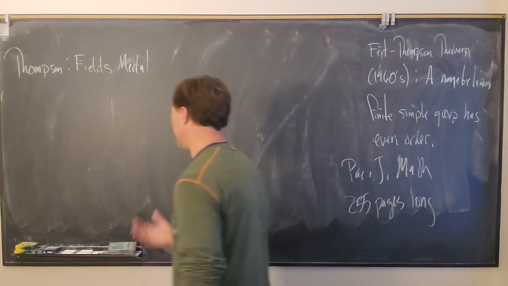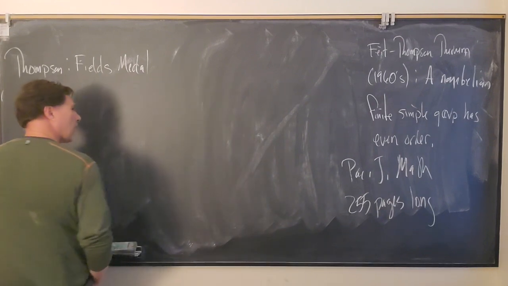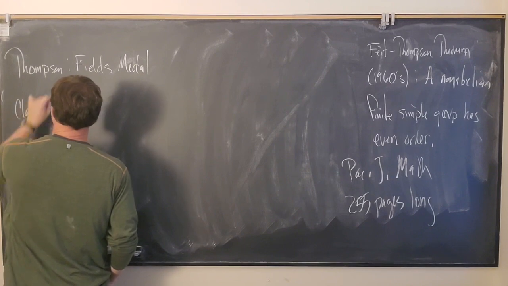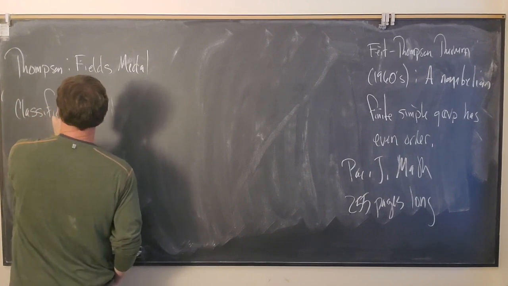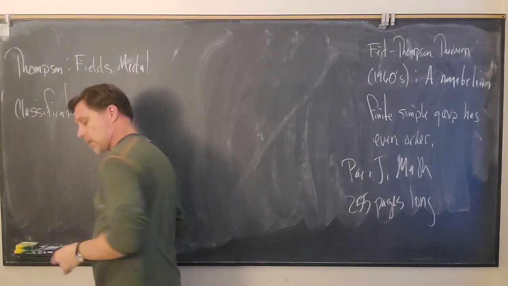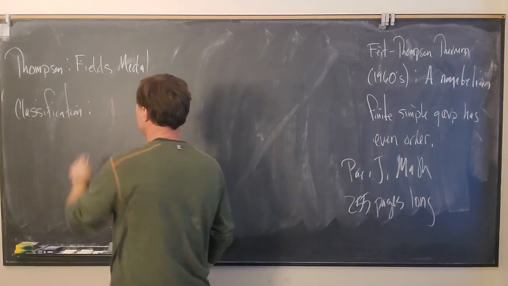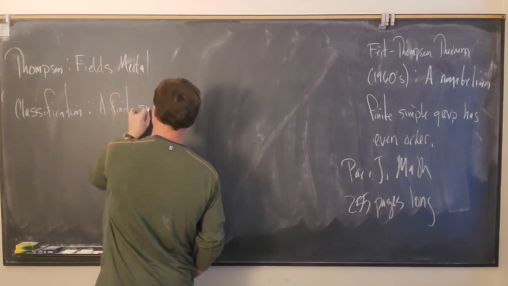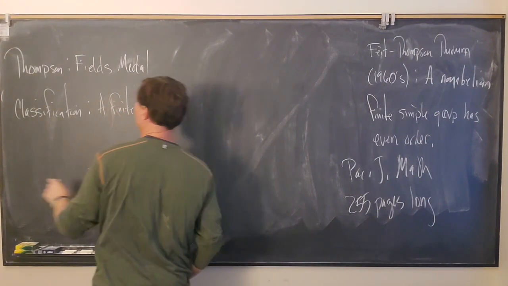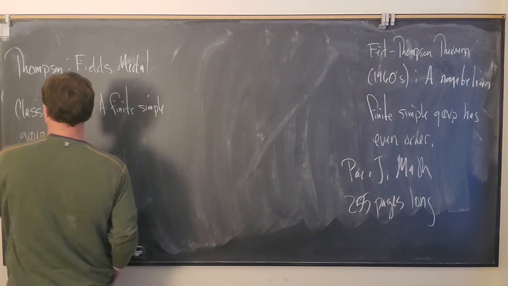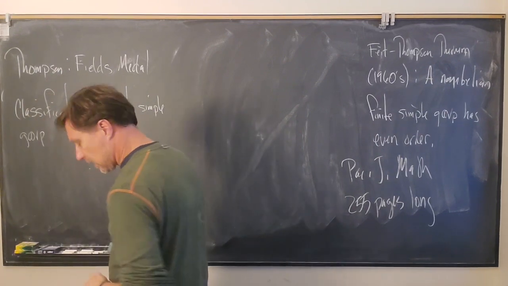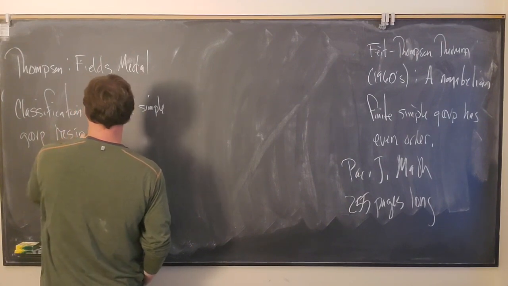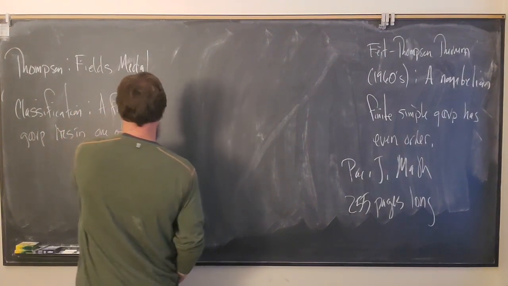Now, let me give you a quick rundown. The classification goes like this: a finite simple group lies in one of 18 families.